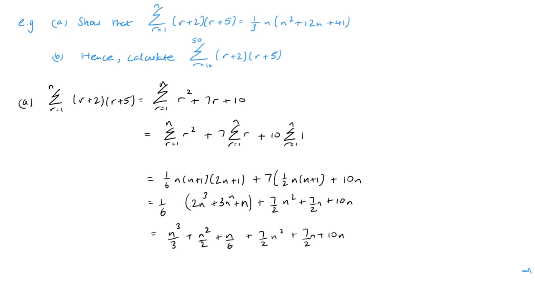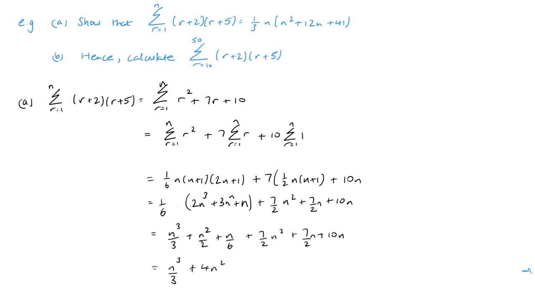Okay, so n cubed over 3, that's going to stay as it is. Then n squared over 2 plus 7 over 2 n squared, so that's a half plus 3.5, so that's going to be 4 n squared.